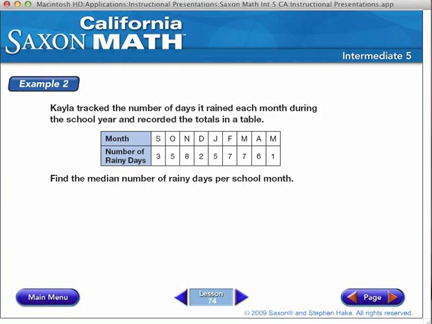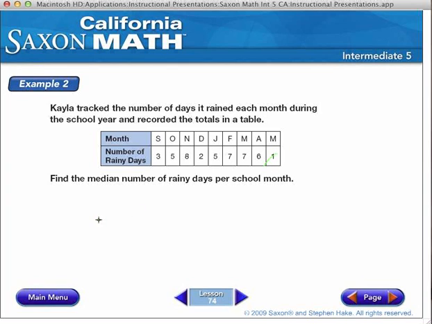Kayla tracked the number of days it rained each month during the school year and recorded the totals in a table. Find the median number of rainy days per school month. Okay, so the median is the middle. So what we need to do is take each of these data points and write them in order from least to greatest.